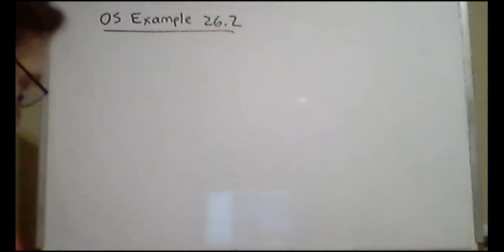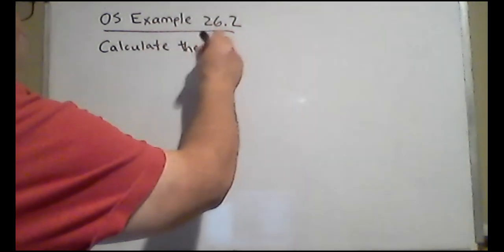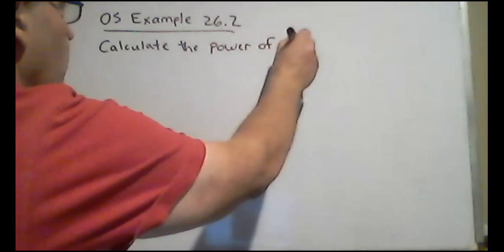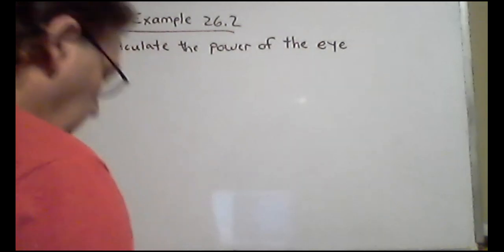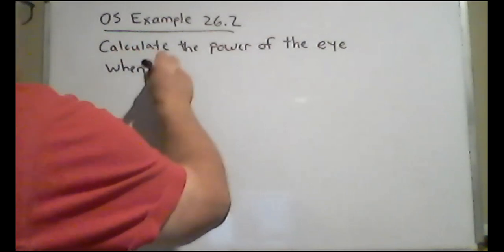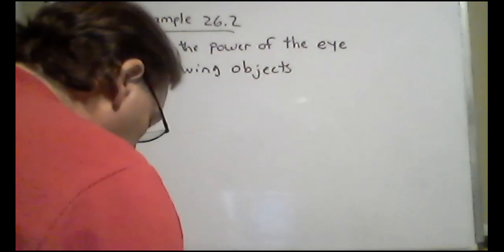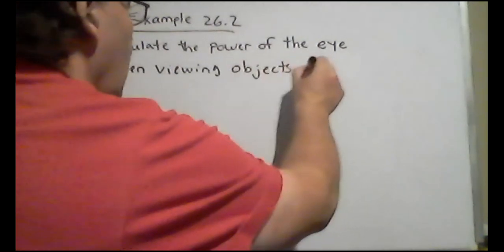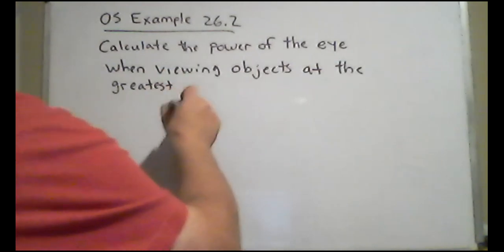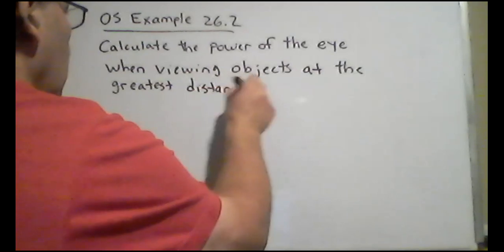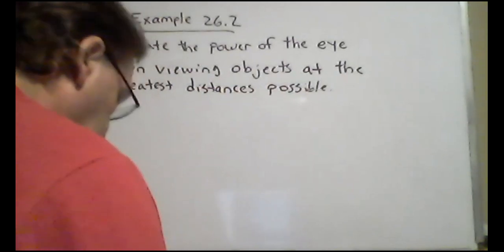Okay, what does that say? Calculate the power of the eye when viewing objects at the greatest and smallest distances possible, assuming a lens-retina distance of 2.00 centimeters.